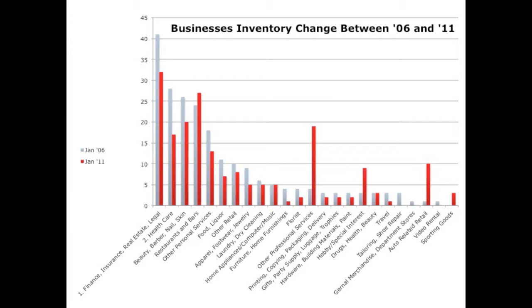As the graph indicates, business has gone down overall, as Miles pointed out, between 2006 and 2011. But an interesting point that Miles mentioned was finance, insurance, real estate, and legal, the very first column on the left, dropped off dramatically, which is an interesting data point to mention.